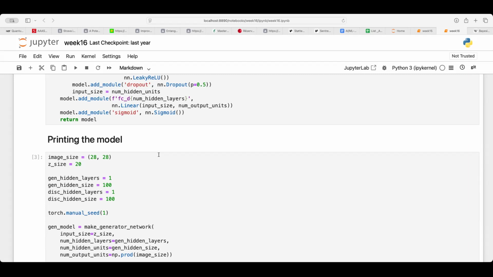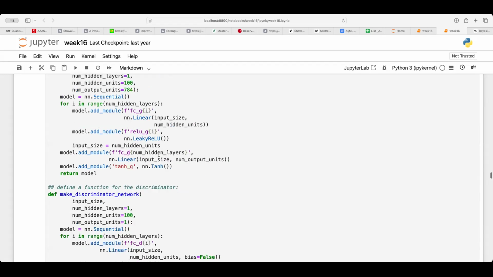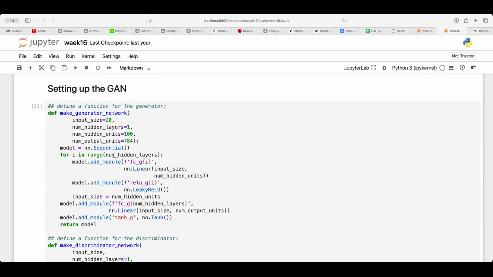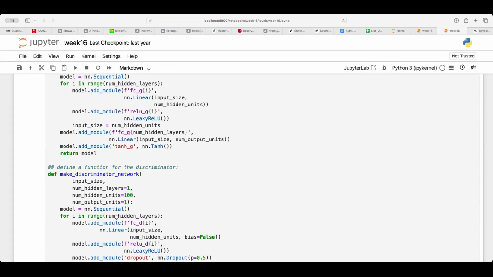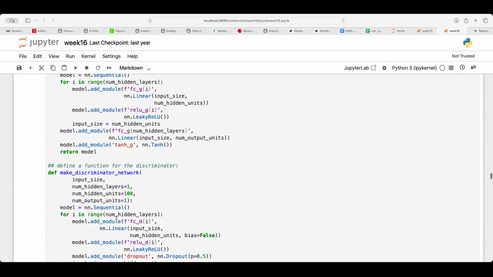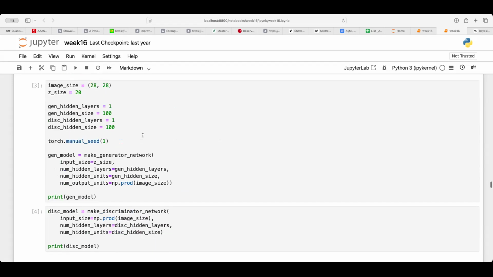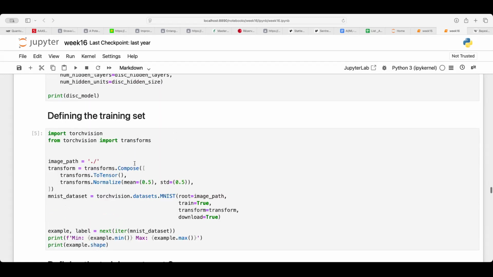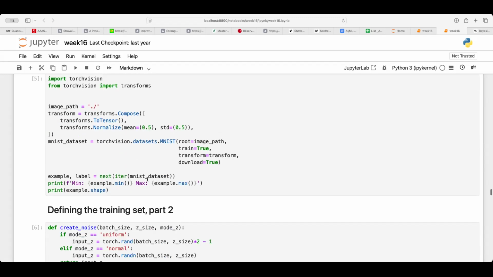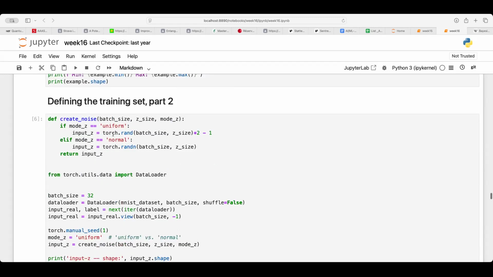But you see now the thing is that you can decide yourself how you want to set up this generator network and the discriminator network, whether you want to have a neural network, a convolutional one, you can have an RNN, etc. So this just sets up the model, and then you define the training set, and the training set is the MNIST data, and then you have the data from the generator where you just create noise.